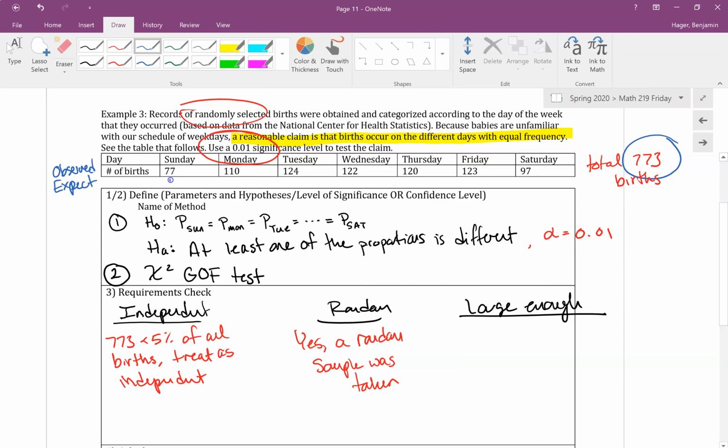That would be 110.43 births per day. They're all the same. Okay, and so we definitely have enough. All expected values are more than 5.